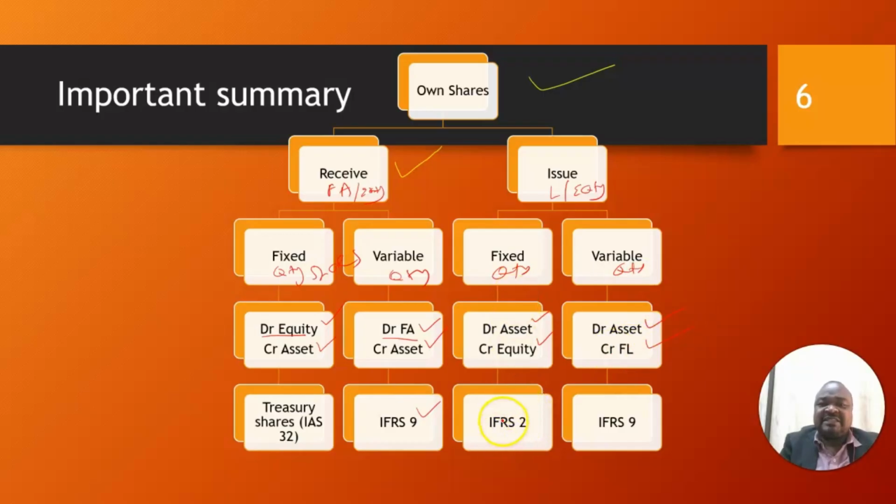And like I said, this comes to be an issue to be treated under share-based payments, where we are going to pay using fixed quantities of equities or shares. But if the shares are variable, then we're going to debit asset and credit financial liability, and this becomes an issue of IFRS 9.